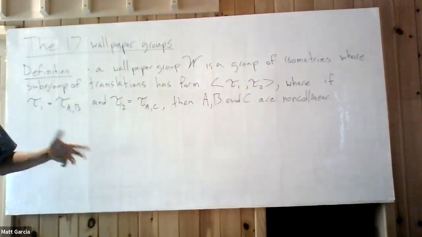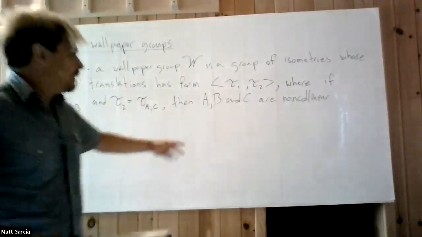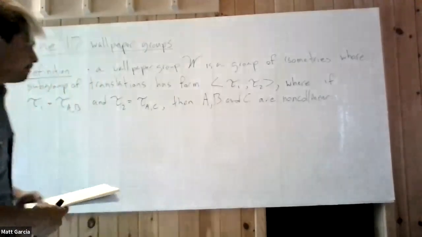Once we actually get into the classification, you'll see why this is important, that we insist that A, B, and C are non-collinear.